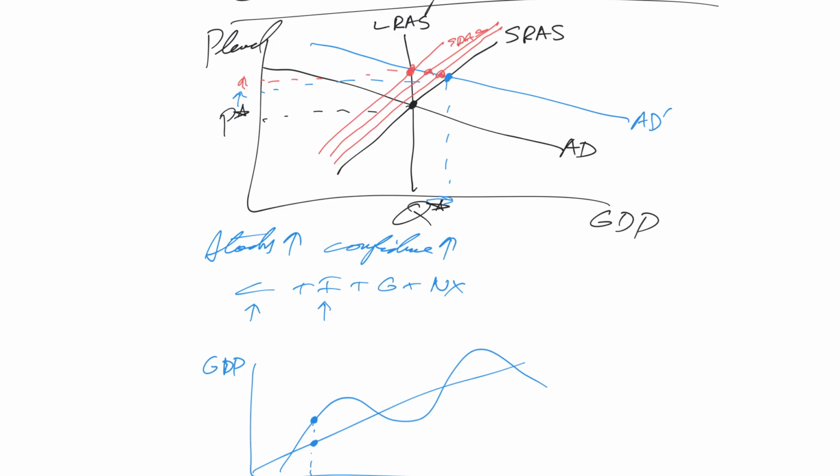But over time, those expectations will start to settle in. They'll start to change. This new higher inflation is going to change people's expectations, firms' expectations, and they're going to start to express those changes, and we model those changes in expectations by this curve shifting up, or back to the left.